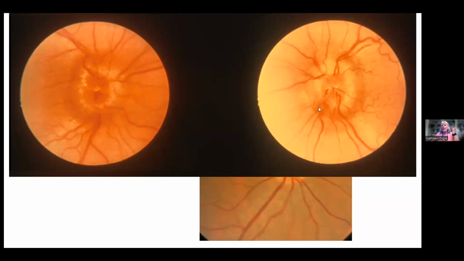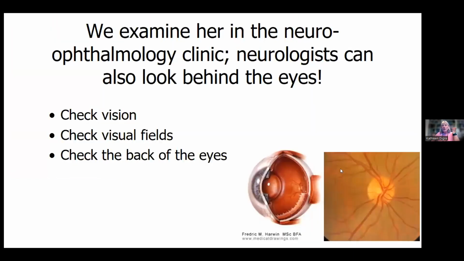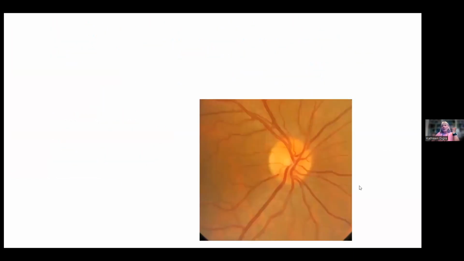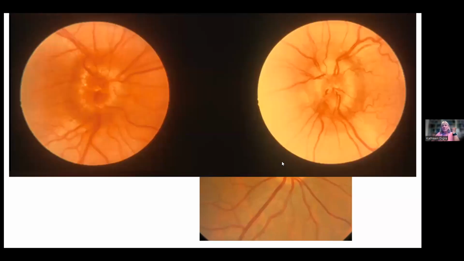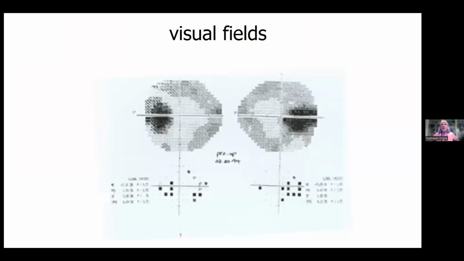There might be some hemorrhaging, just some blood that's leaked out, and the vessels are tortuous, and this is what we call papilledema. Remember, it should look like that. And a normal disc should look like this, but hers looks like that. So she's got papilledema. And that tells us that the pressure is raised in her head. It's a sign of intracranial hypertension.